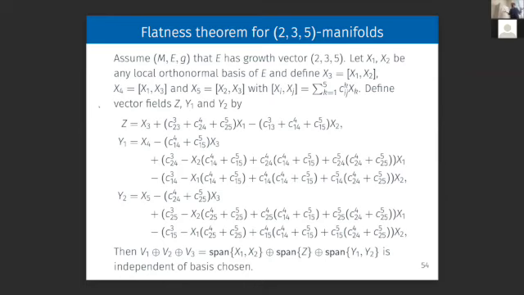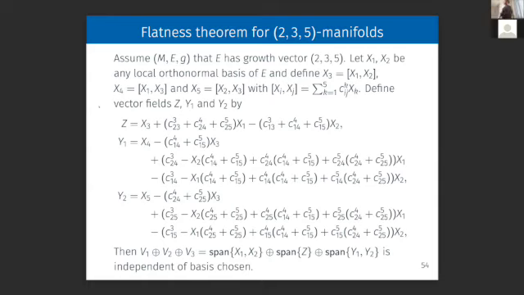Then you have no idea if it's isomorphic to this flat thing that we showed. Then you pick any two vector fields that give you an orthonormal basis. Then you pick the bracket and these two brackets, and then you compute all of their structure coefficients.